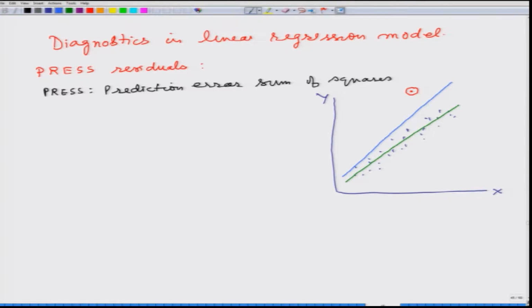So one can see that the earlier regression line is now shifted in this direction when a value which is quite away from the existing observations is added to the data.